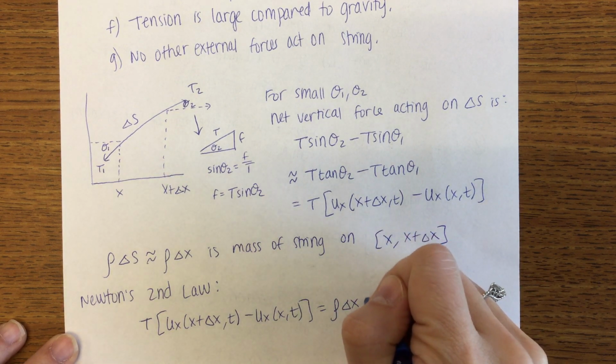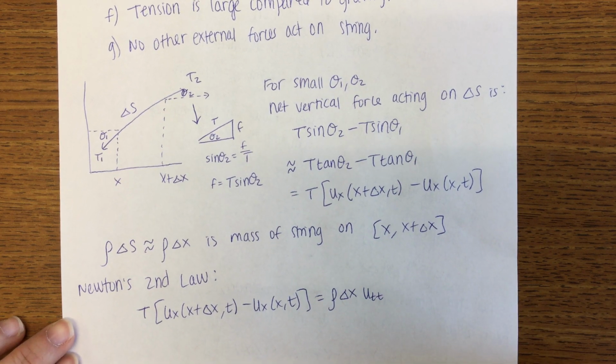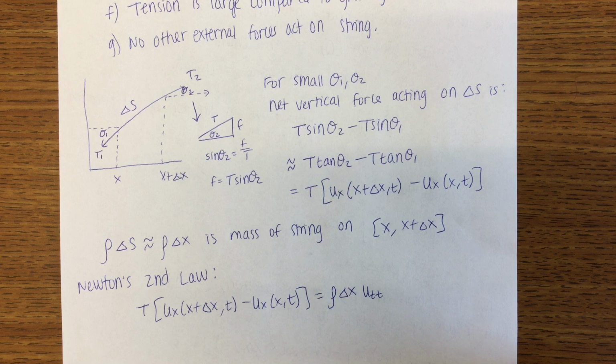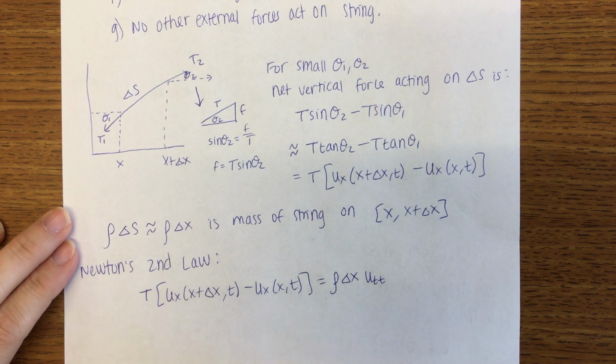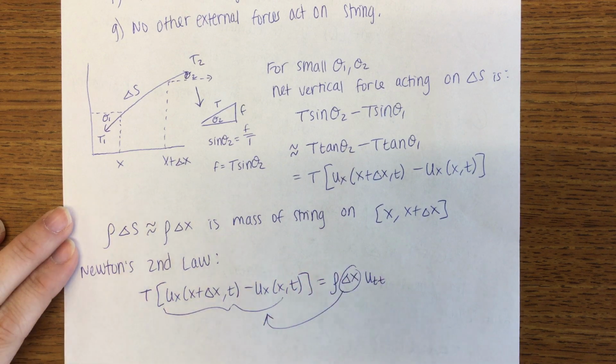A will be the second derivative of u with respect to t. Okay, I want to get this on one side, and I'm going to move the delta x over, and then I'm going to move t over to the other side.